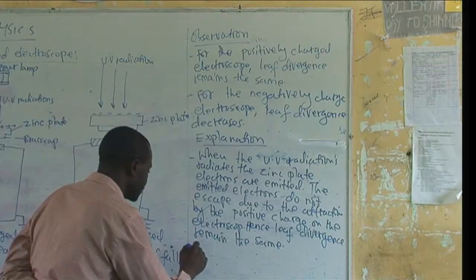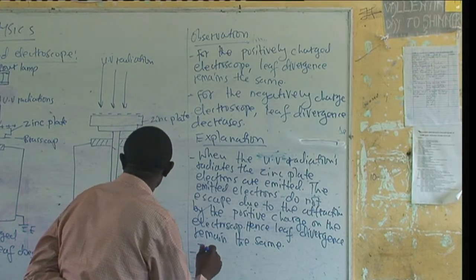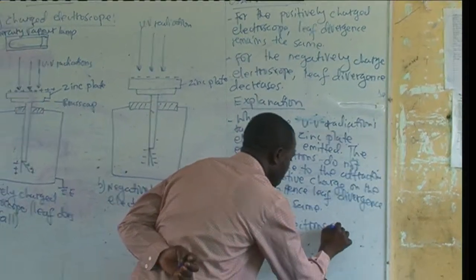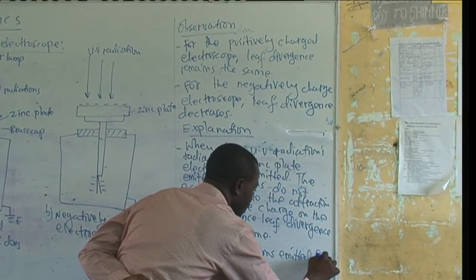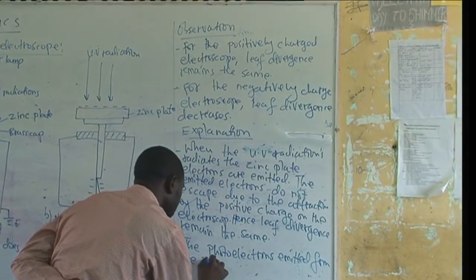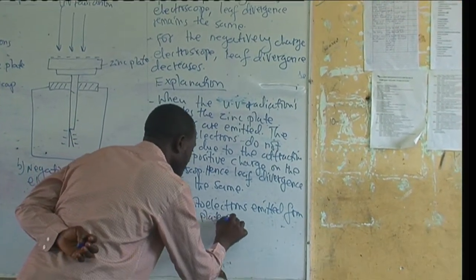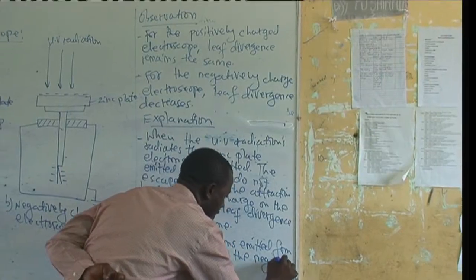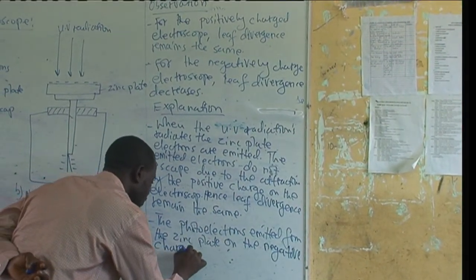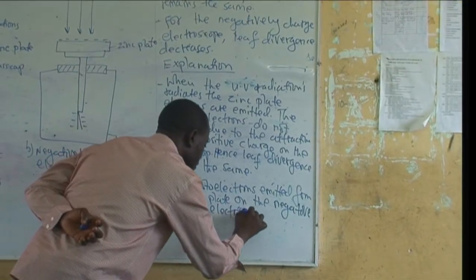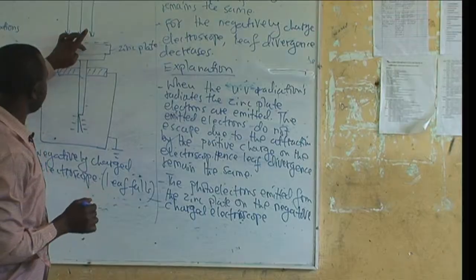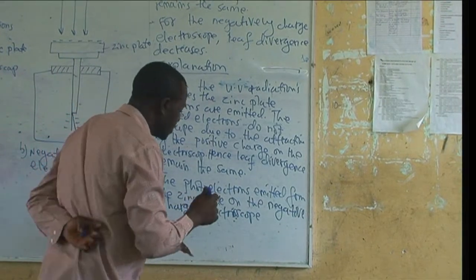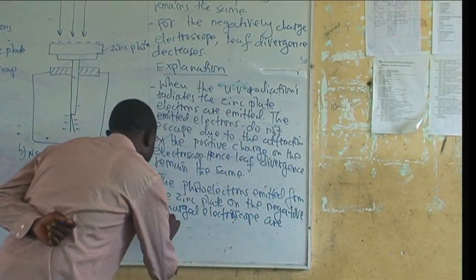We are saying that the photoelectrons emitted from the zinc plate on the negatively charged electroscope are repelled.